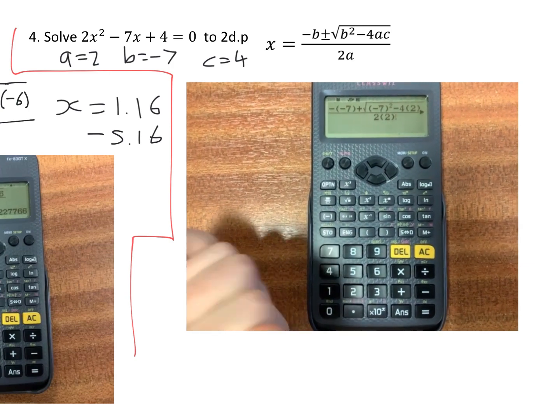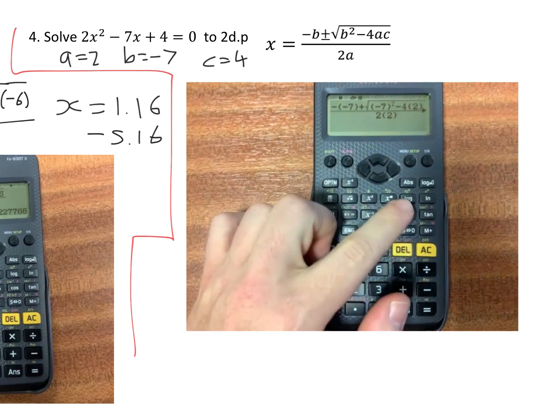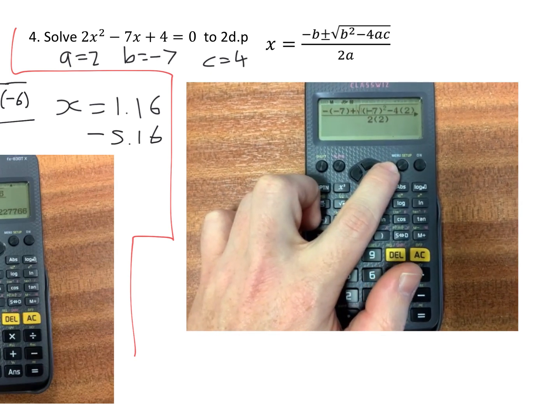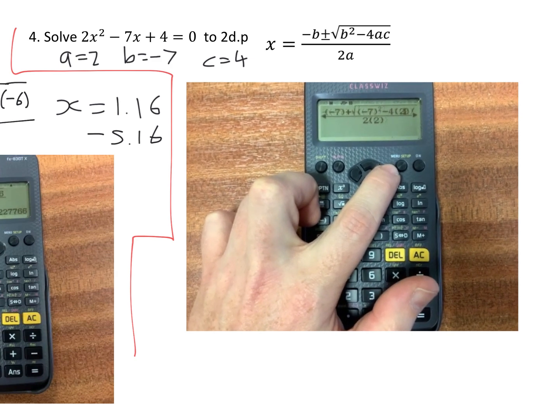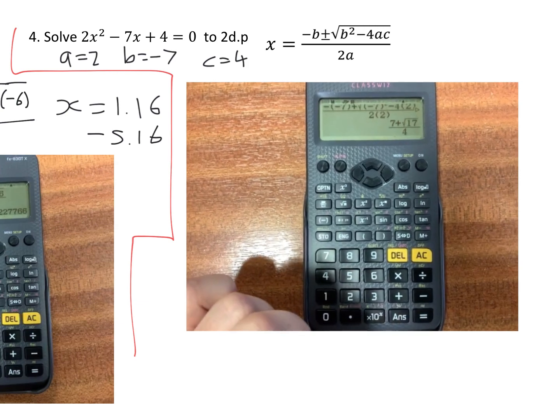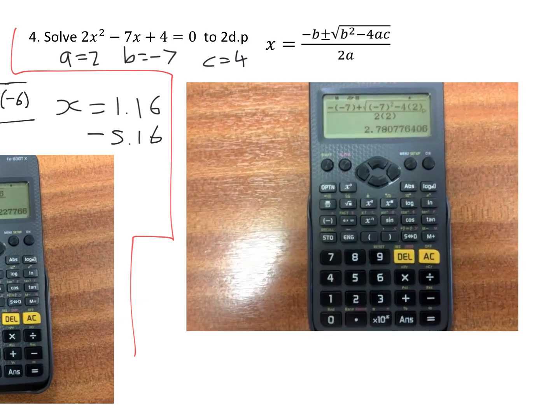And that's it. Now I didn't write out the method, but the method should look exactly like my screen with, if you can see at the end there, 4A, the C should be 4. So put that in, and I get this fraction. SD button will give me the decimal.